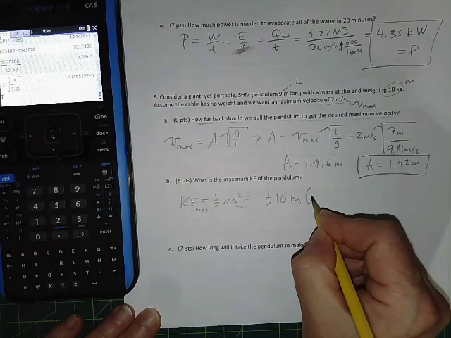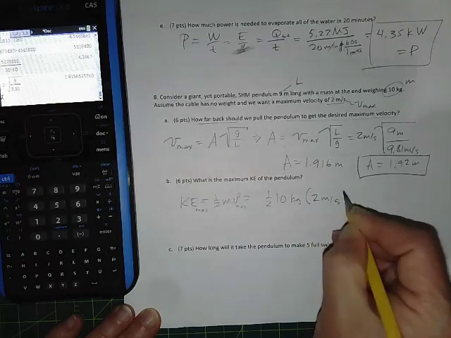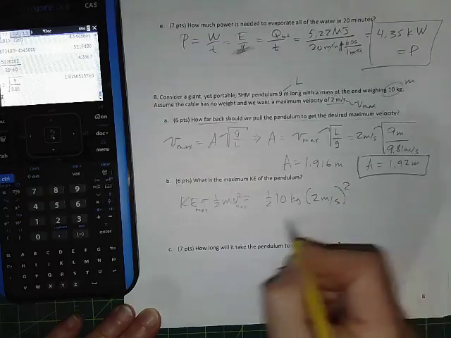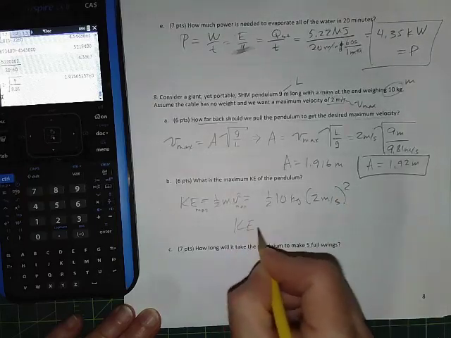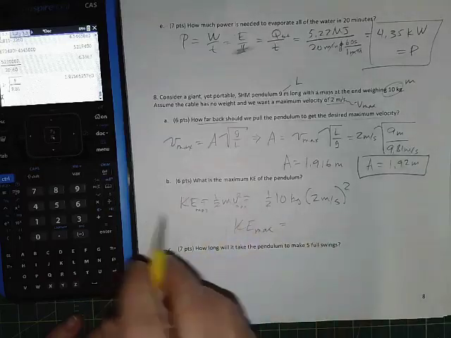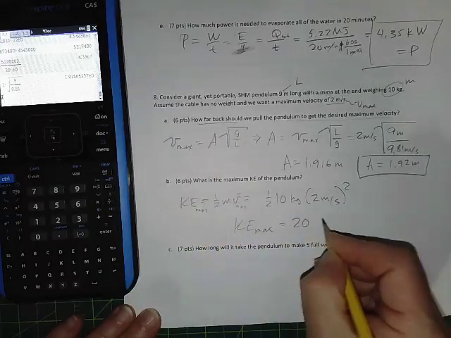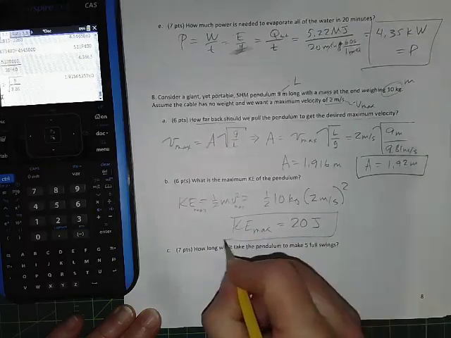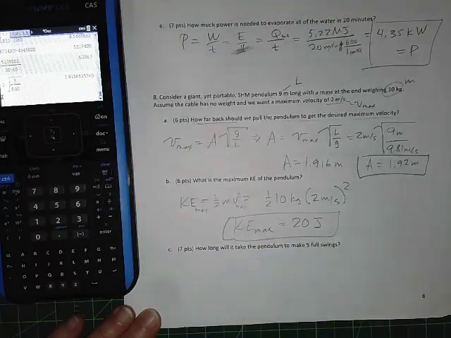Yep, v max, that's it. Alright, so KE max is 5 times 4, 20 joules. Double check my stuff here. Looks good.